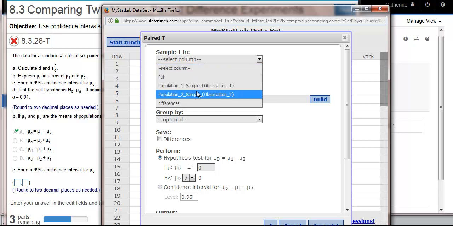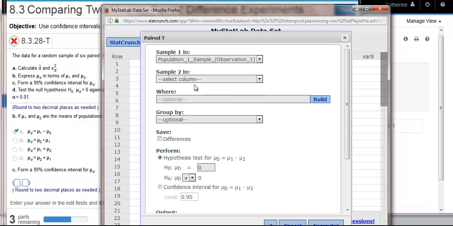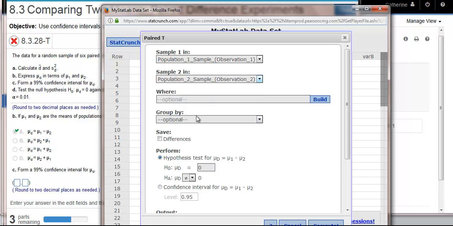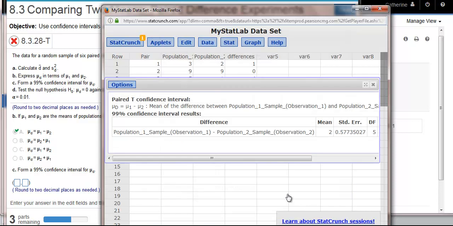And sample 1 is in the column labeled sample 1, and sample 2 is in the column labeled sample 2. And other things we're going to do a confidence interval. So I'm going to click on that radio button there. You could also use a hypothesis test if you actually want to compute the t-test. We'll do that later. But for the confidence interval, we're supposed to do a 99% confidence interval. So I'll click on 0.99 and compute.